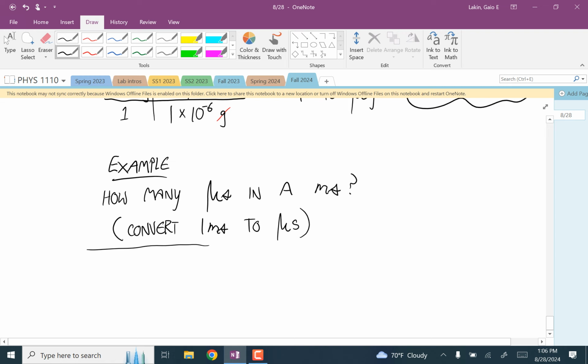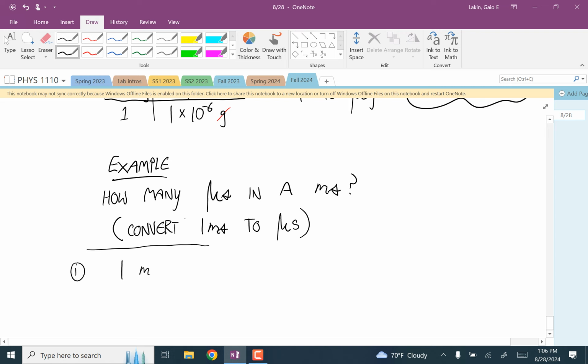So what we're going to do is convert 1 millisecond to seconds, and then we're going to convert 1 second to 1 microsecond. So take a couple minutes and do that first step.